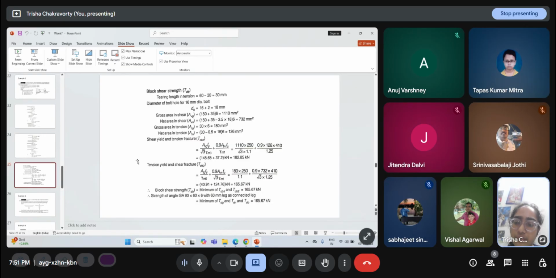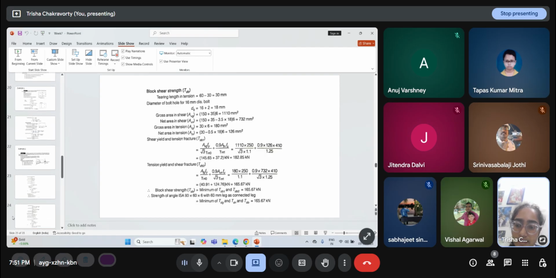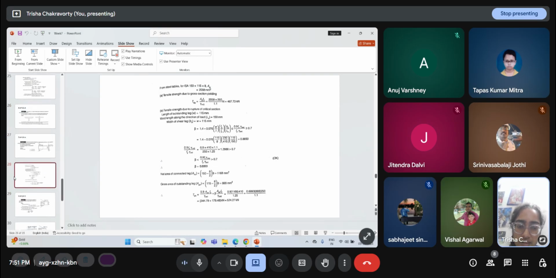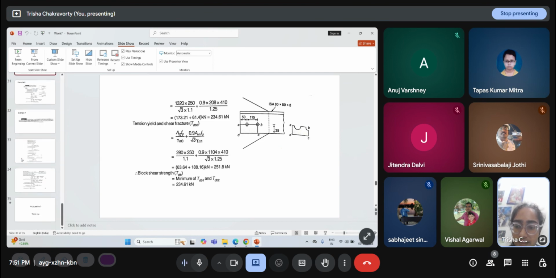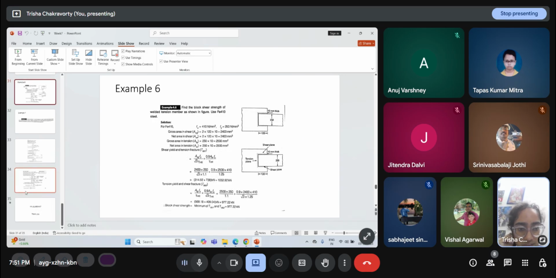Okay, so these are the two main types of questions, the plates and the angles. There are some other examples which you can go through in the slides which have been uploaded. And if there are any doubts about tension members, you can ask. Next class is compression members, I think.